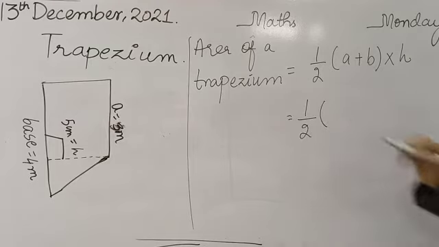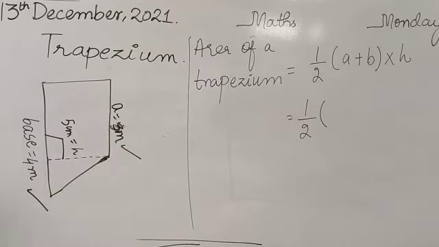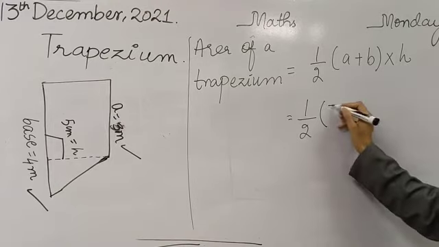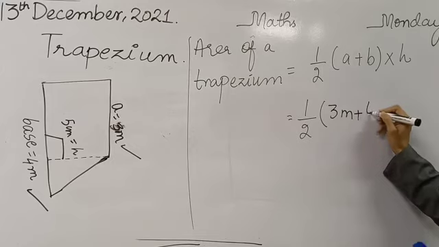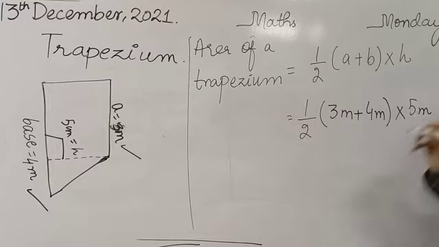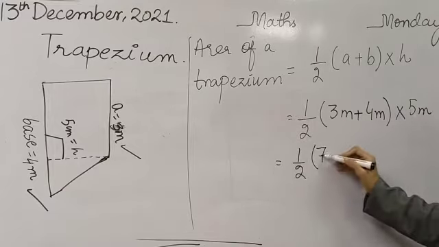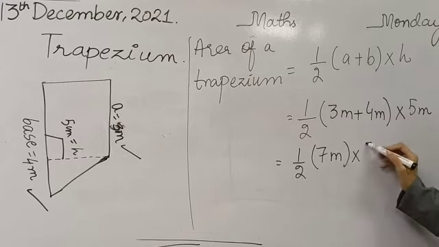What are the two parallel sides in this trapezium? 3 meter and 4 meter are the two parallel sides. 3 meter plus 4 meter, multiply. What is the height? 5 meter. 1 by 2, 3 plus 4 is 7 meter, multiplied by 5 meter.